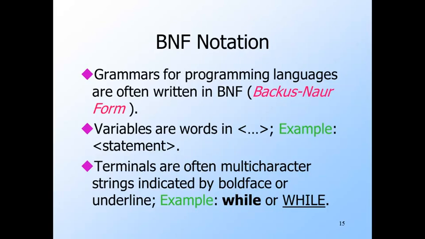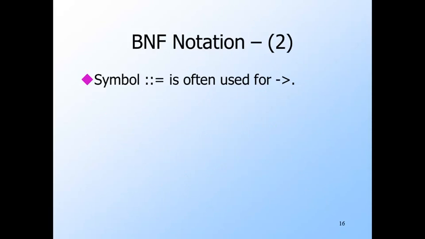For example, the plus sign or semicolon are commonly terminals in the grammar for a programming language. However, other terminals are really reserved words like if or while. And we see these shown either in bold or underlined depending on the style used to remind us that they are single symbols. In BNF we often find ::= used in productions rather than the arrow.